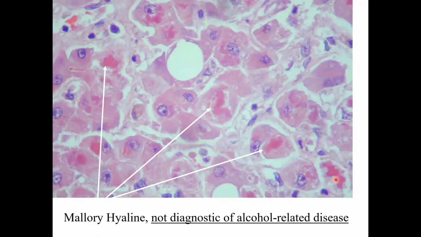And the damage in the cell is going to be in the form of the accumulation of the Mallory hyaline structures right here, which is an intermediate cytokeratin filament that is seen in alcohol-related disease and other diseases as well. It is highly pathognomonic, but not specific for alcoholism.